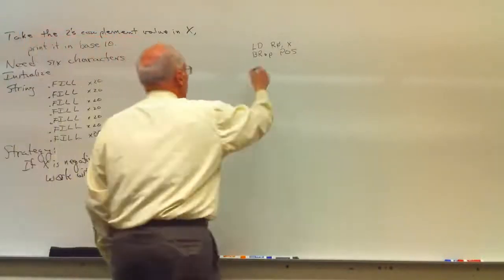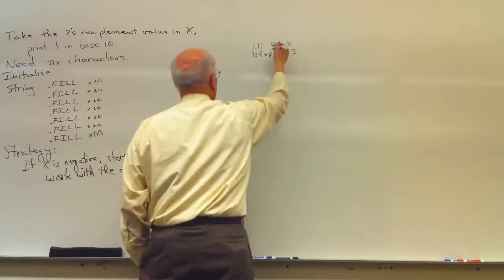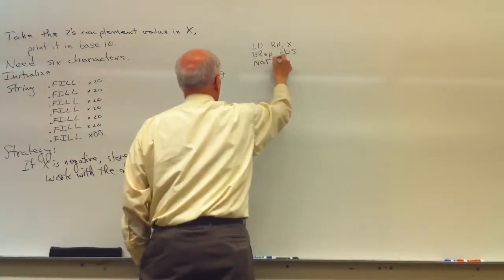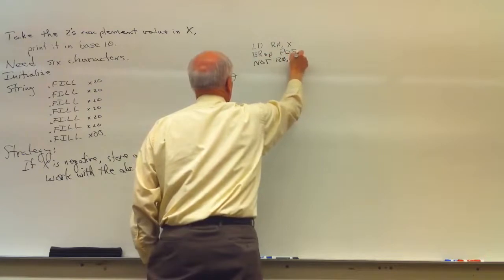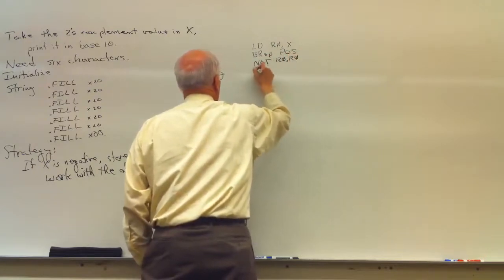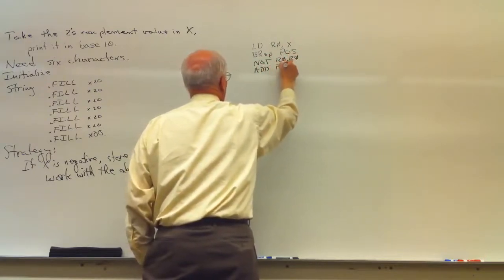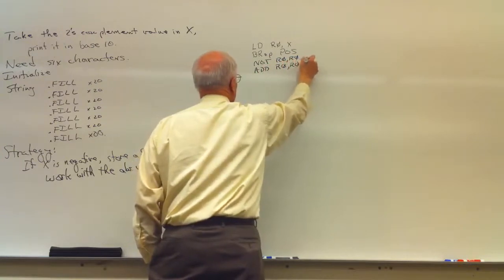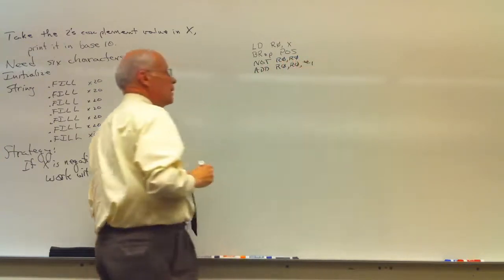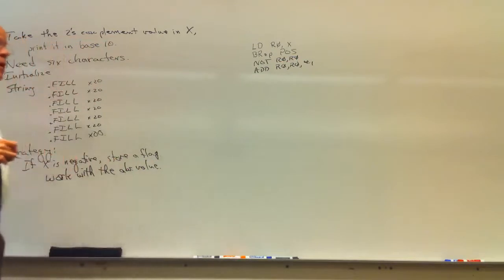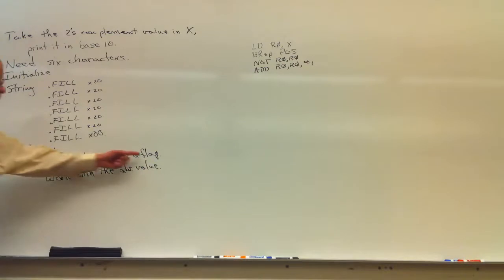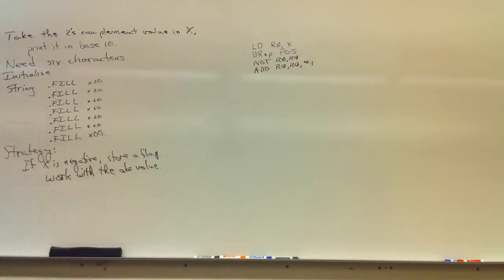Otherwise, I'm going to take the negative of this thing, where I do a not, and then I add a 1. That gets me a negative to positive. And now, someplace I've got to be able to remember that I had a negative number, so that when I'm done, I can come back and put the minus sign on it.